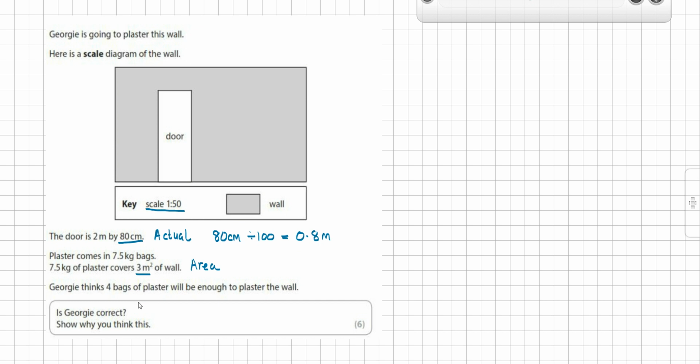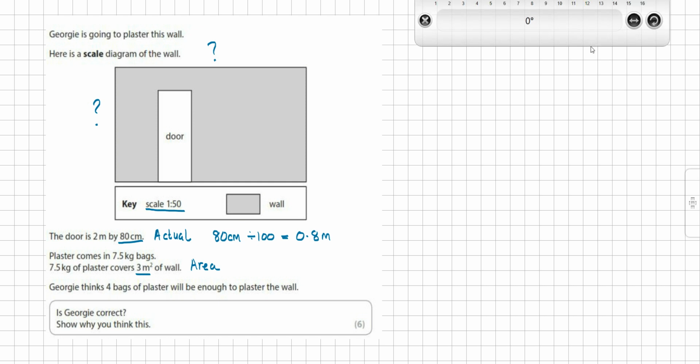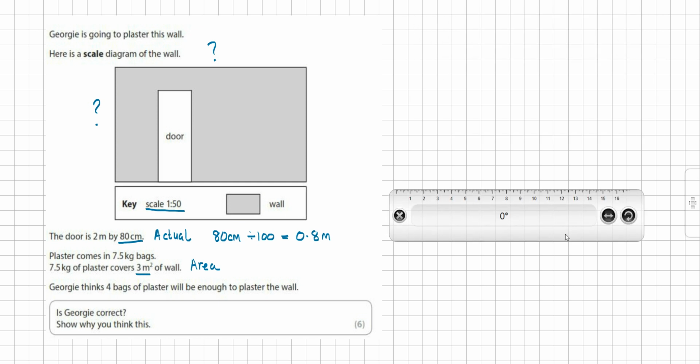Now, if we're going to look at actual measurements, we need to know what this is and what this is on our scale drawing so we can scale it up. But they haven't been given. So we have to assume that we need to measure them. If they're not given to you, then you need to measure them. Never work on an estimate unless it tells you to. So we need to get a ruler out. I've made this picture much bigger so you can all see it clearly.